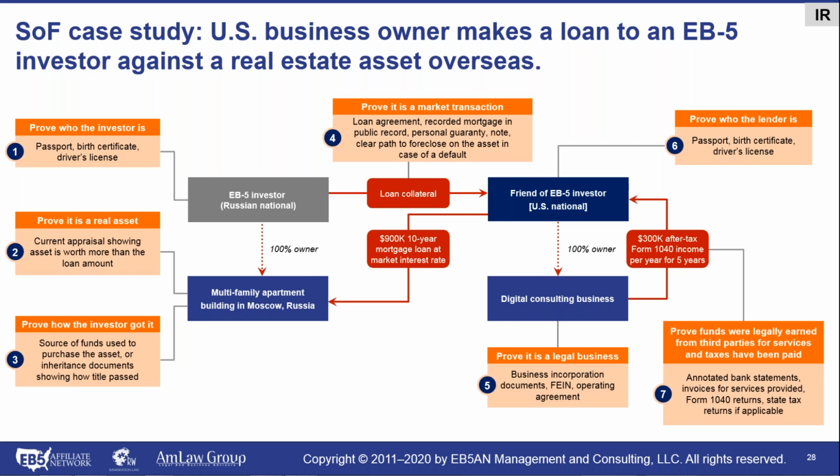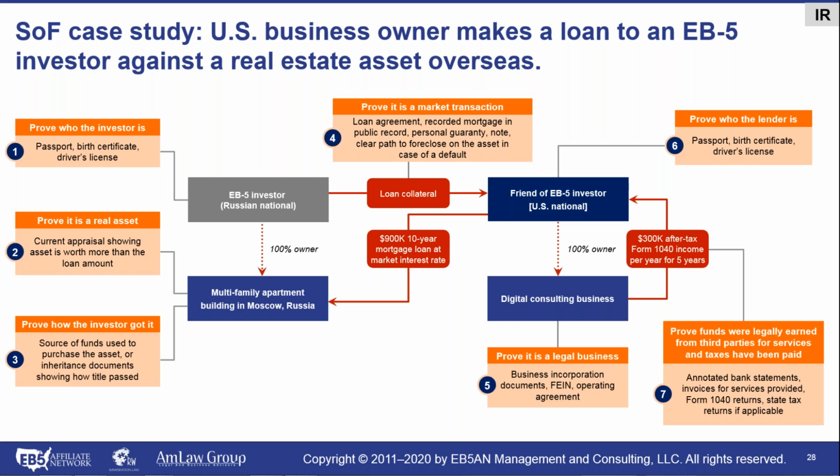And really what USCIS wants to see generally is that you're using income that the appropriate tax has been paid, and you're doing a general at-market transaction. You're not loaning 900,000 on something worth 300, and the terms of that loan are close to market, right? You're not loaning it at 0.01% interest.